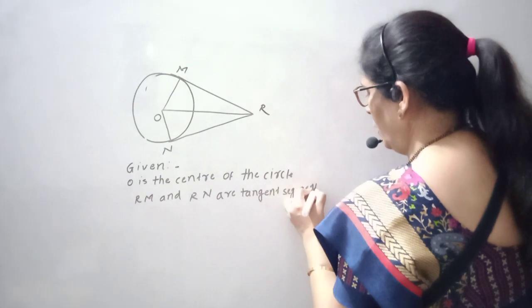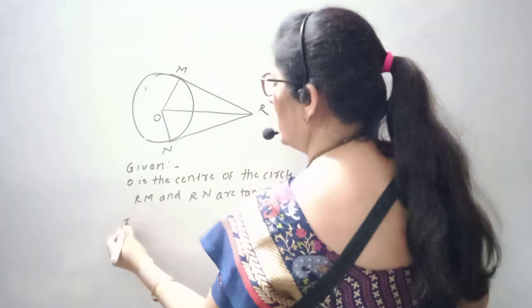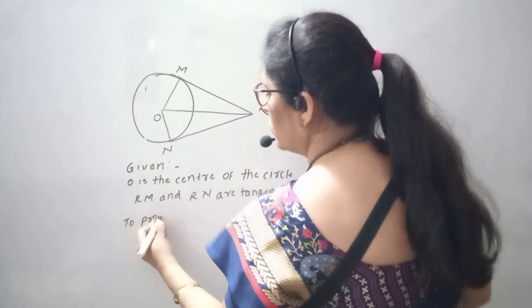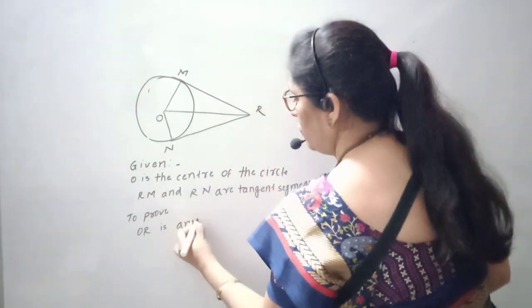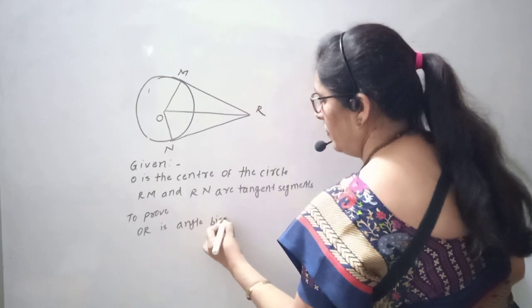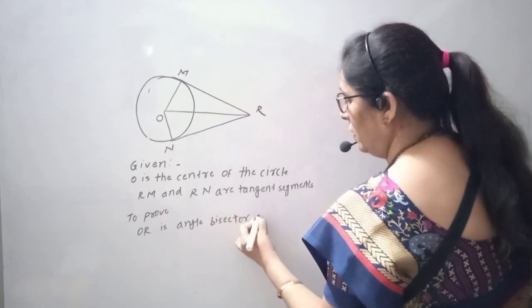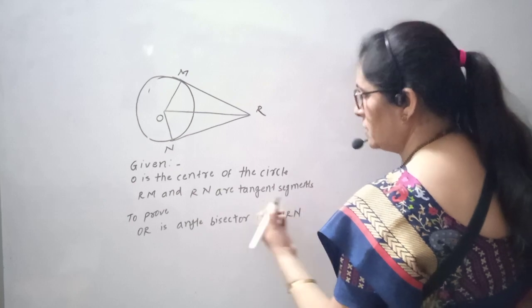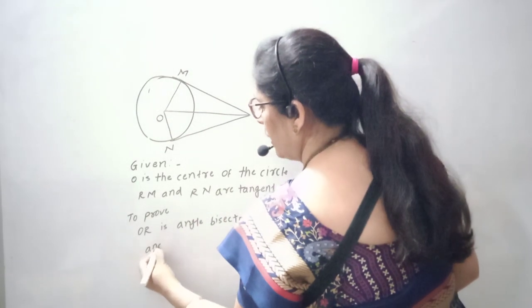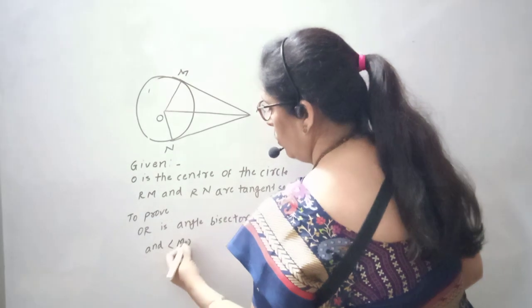And then what do you have to prove? You have to prove that OR is the angle bisector of angle MRN, and it is the angle bisector of angle MON.